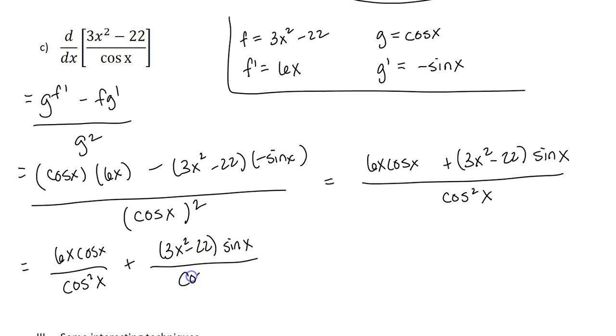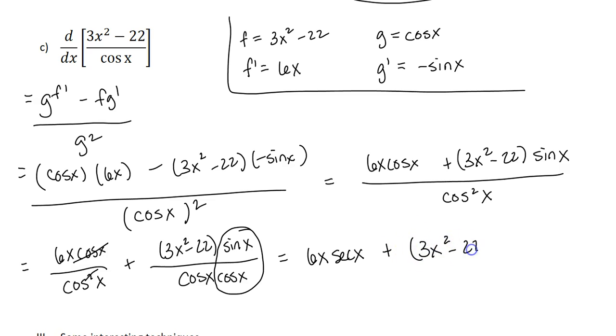I'm going to go ahead and write this one as cosine of x, and I think you'll see why in a second. So this sine of x over cosine of x is actually a tangent, and we know that 1 over cosine is actually a secant, so one of these cancels also. So I end up with 6x secant of x plus 3x squared minus 22 tangent x, and then I've got a secant x from that other cosine.